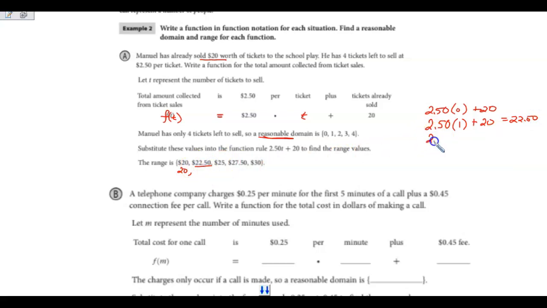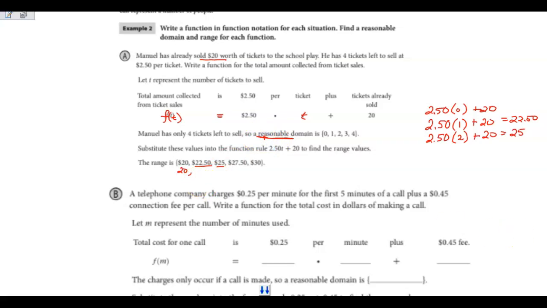If I had 2 tickets, that's $5 plus 20, which is $25, and so forth. So our domain is very much in charge of what our range is going to be. And so it's super important that we're thinking about what is reasonable when we're talking about our domains.